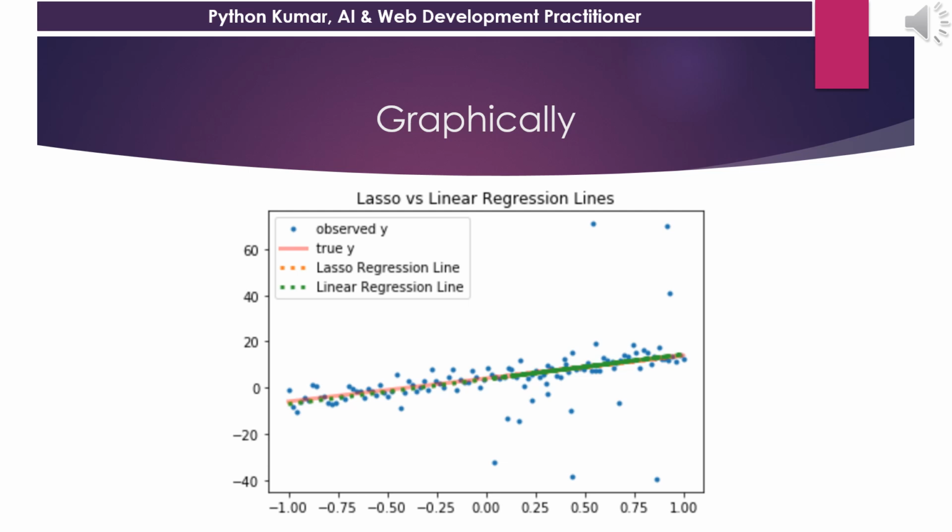This is the graphical representation of lasso regression. You can see the green line represents the linear regression, and it's still not a 100% fit. So we are chiseling off some parts of it, and we have obtained the yellow line, that is the lasso regression line. And this lasso regression line is a better fit than the linear regression line.